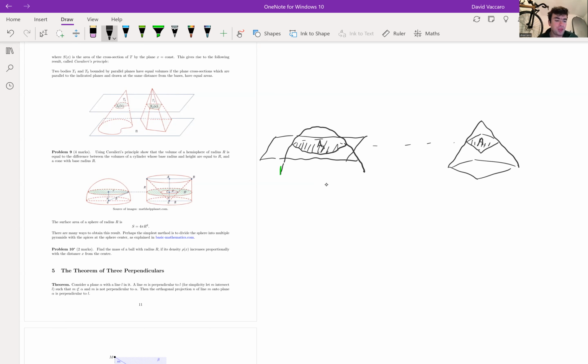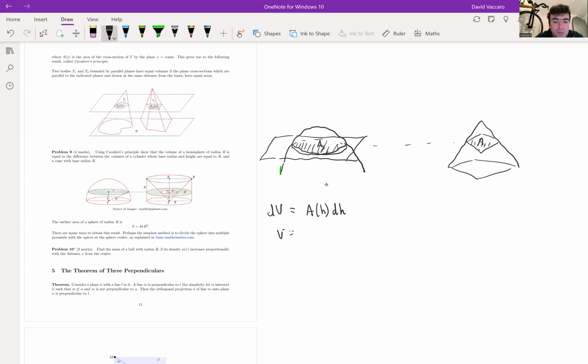Okay, the integration-y idea is that the change in volume is equal to the area at the height h times dh, so the cross-sectional area. So dV is equal to the area at height h times dh.